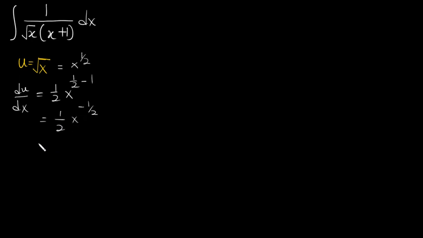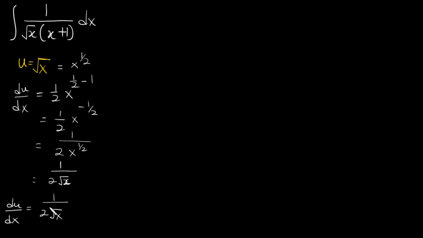I'm going to write this as 1 over 2 x to the power half, taking out the negative. So we have 1 over 2 root x. Therefore du/dx will be equal to 1 over 2 root x.